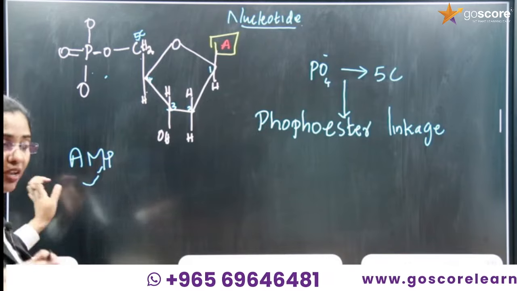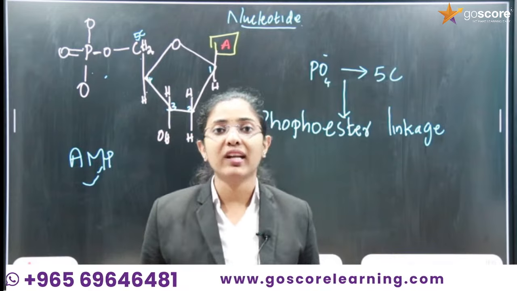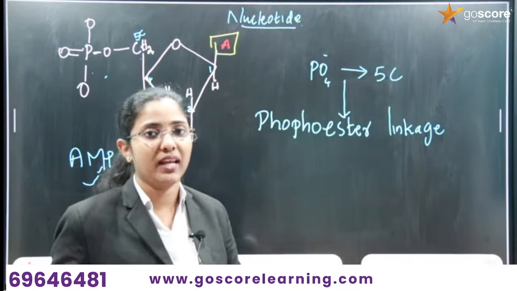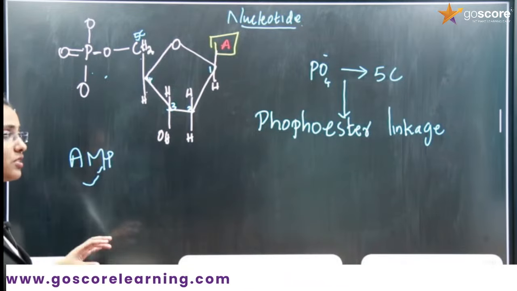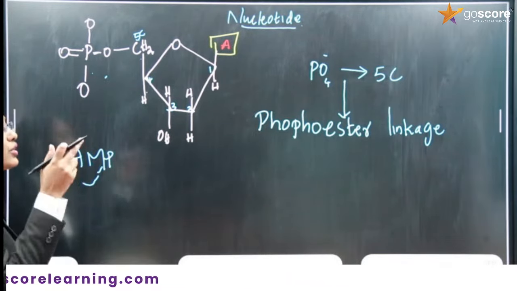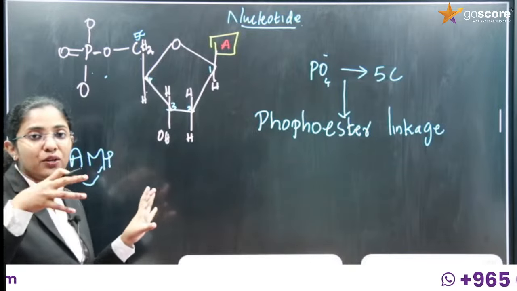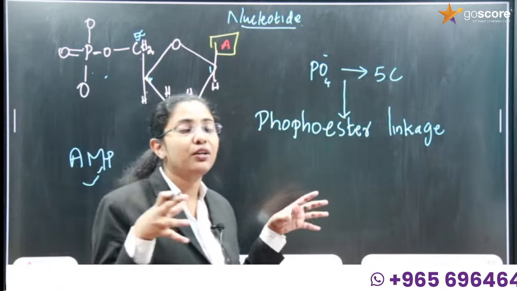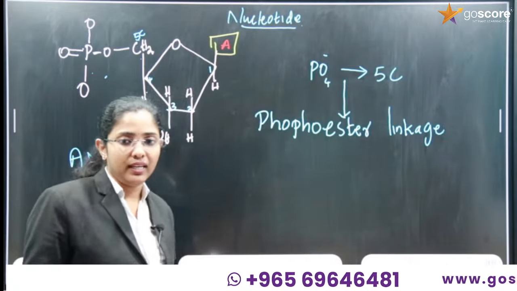I told you adenosine triphosphate is the molecule that is produced inside the mitochondria after cellular respiration. That molecule is very important since it is an energy molecule. It is also important in the synthesis of DNA. If adenosine triphosphate is cleaved into adenosine monophosphate, it can be utilized for the formation of DNA.